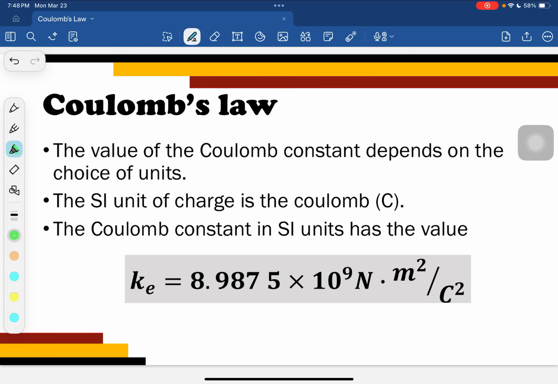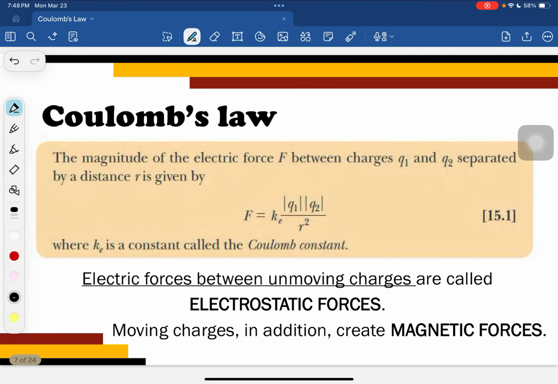Or for simplification of solution, we can use 9 times 10 to the 9 newton meter squared per coulomb squared. For simplification, I will be using 9 times 10 to the ninth all throughout the solved problems I have for Coulomb's law.